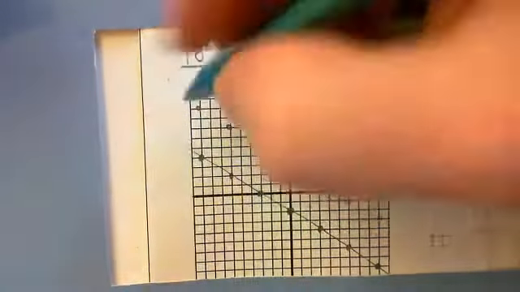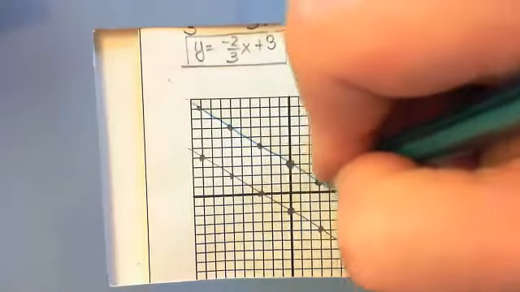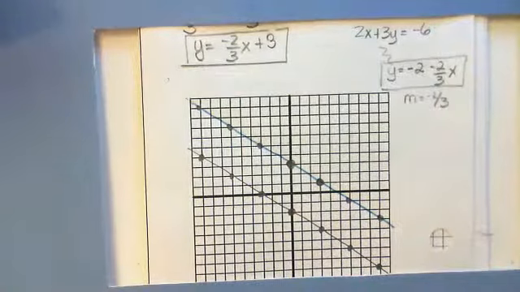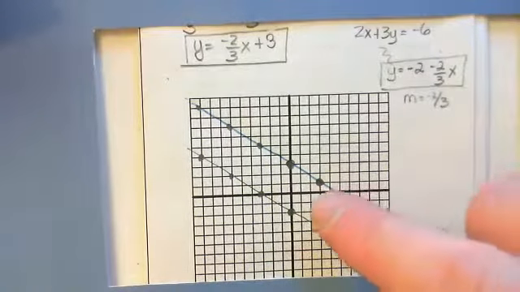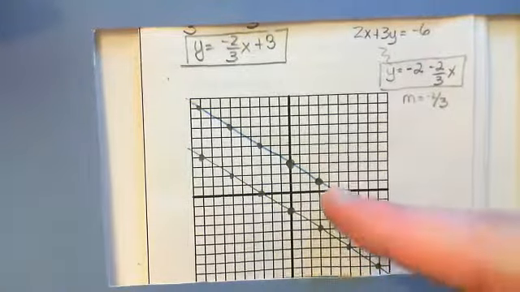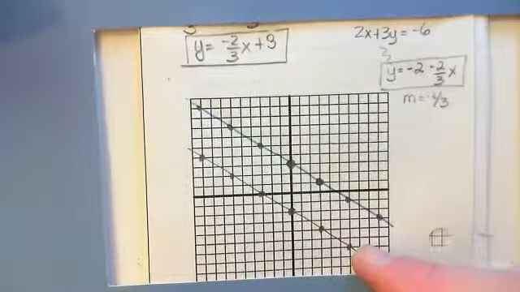So basically that's the new line that I found, and that line goes through the point (3, 1) and is parallel to the original graph that they gave us.